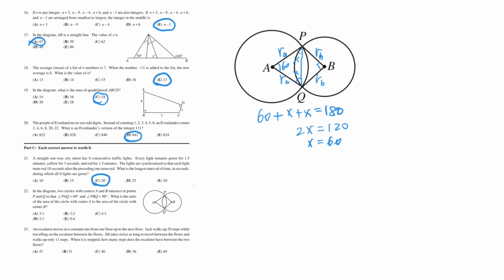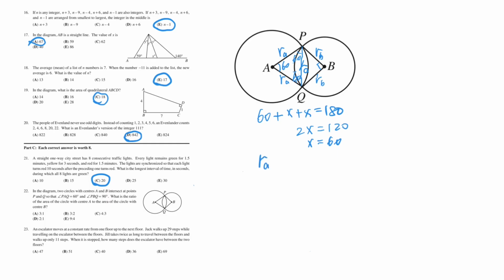So all these angles are 60, which means PAQ is an equilateral triangle. PQ still equals RA. So PBQ is the right triangle.